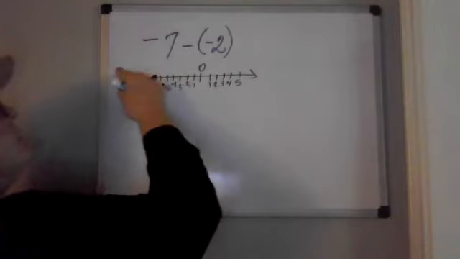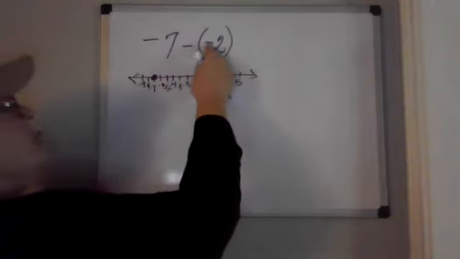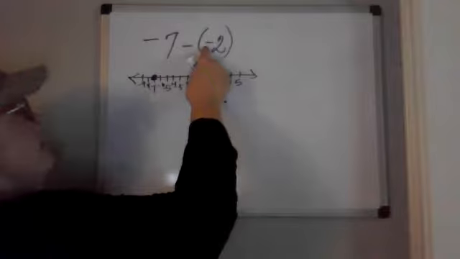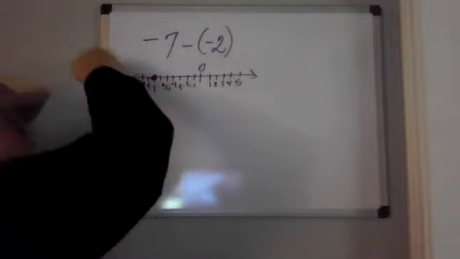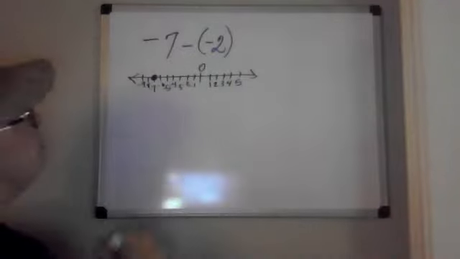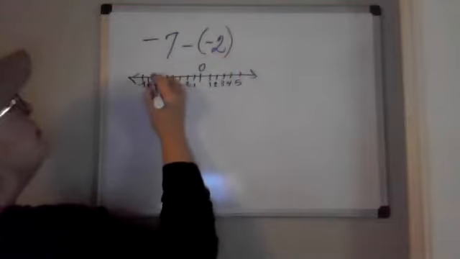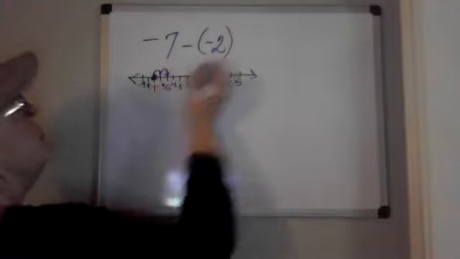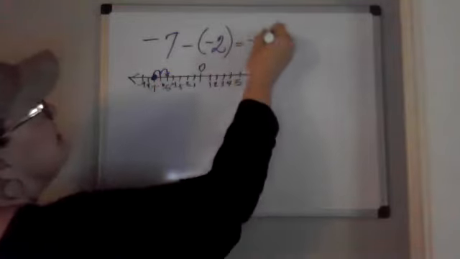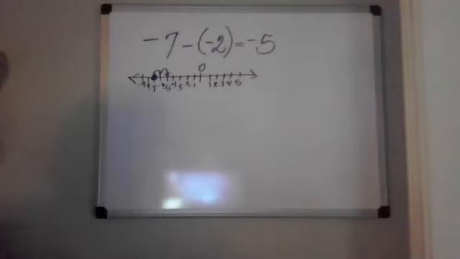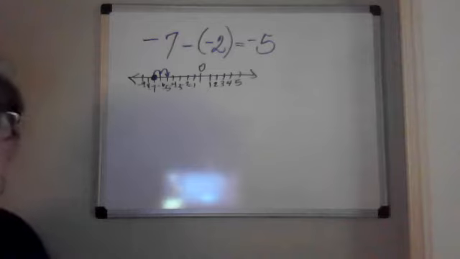I'm going to be moving to the left, but I immediately see another negative, which turns me around. And it says I'm really going to go to the right 2 places. 1, 2, and the answer to this is -5.